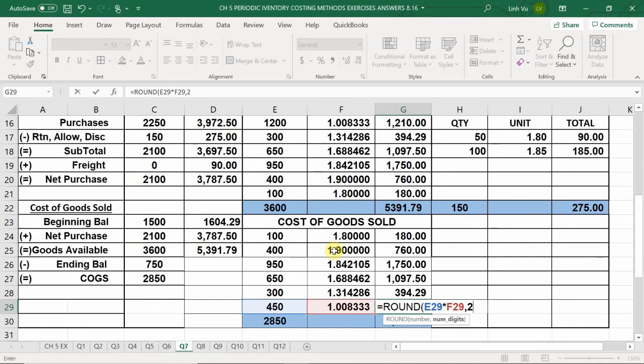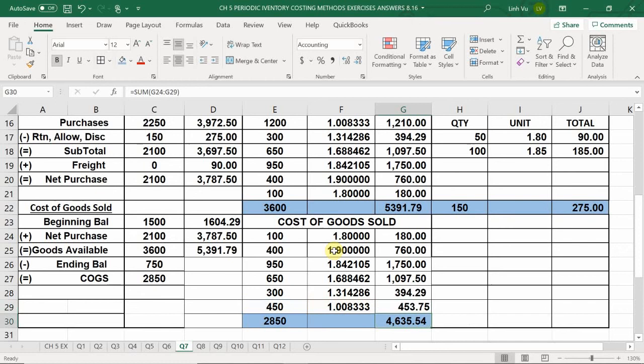So what's my total that I'm going to sell for the 450 items? 458.749. 0.749, so that'll go to 75.